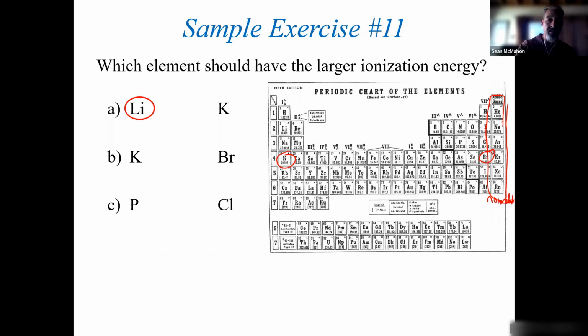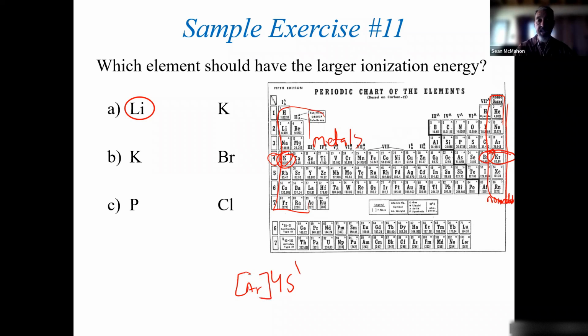Where metals are really far on the left, they're far away from getting a noble gas configuration, and it's a lot easier to remove an electron from the metal. In fact, potassium is a 4s1, because it's in the 4th energy level in the s block, and that's its valence shell.